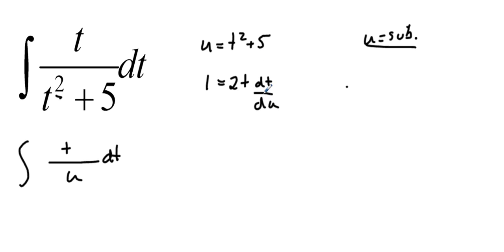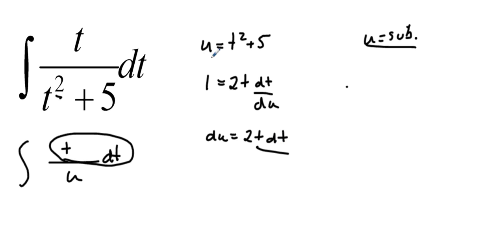Okay. Now, I'm going to get all this stuff over to the other side. So I'm going to take this and multiply by du. And then I have a 2t dt. And if you look right here, I need to get rid of t dt. Hey, I have a t dt here.